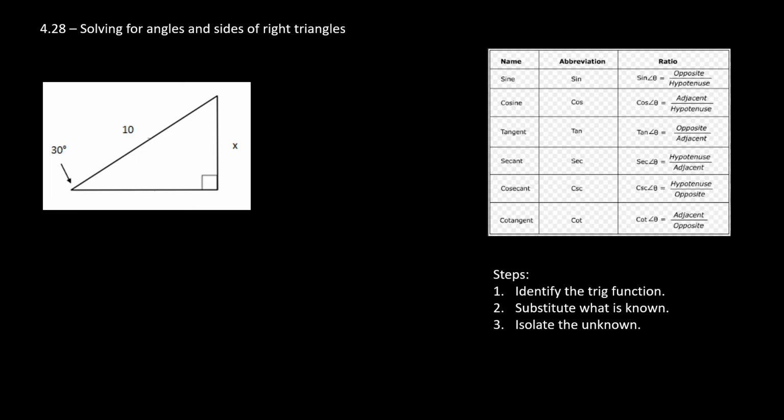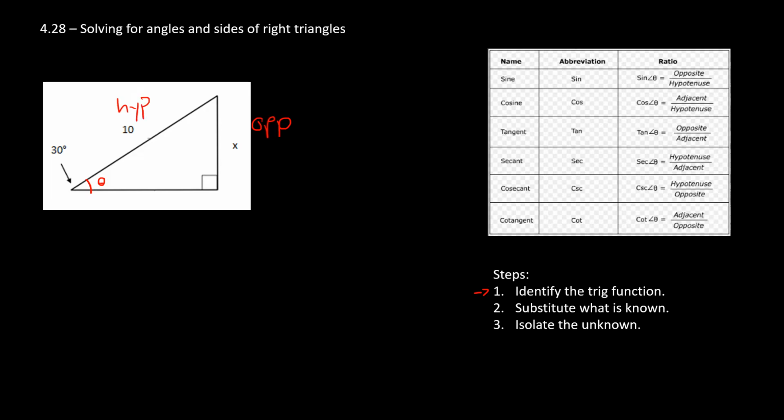We've got this triangle, and we've got some angle theta here, and it's going to be 30 degrees. We have our hypotenuse at 10, and we have a side x. So obviously we need to be solving for this side x. The first thing we want to do is identify the trig function. Which trig function can we start at theta that has opposite and hypotenuse?